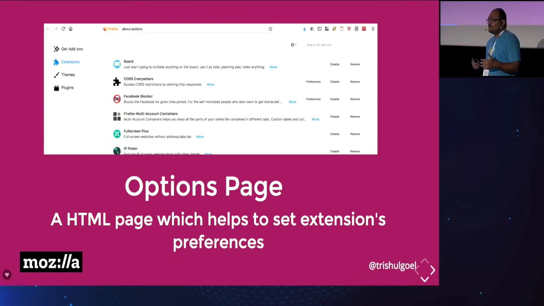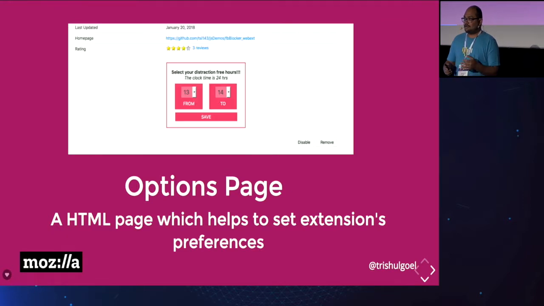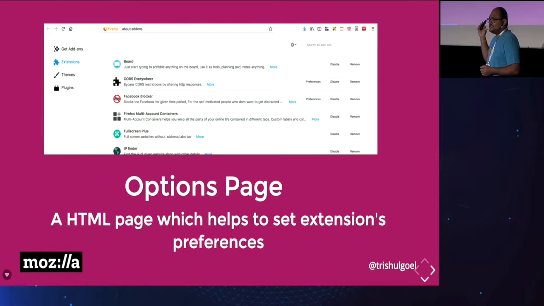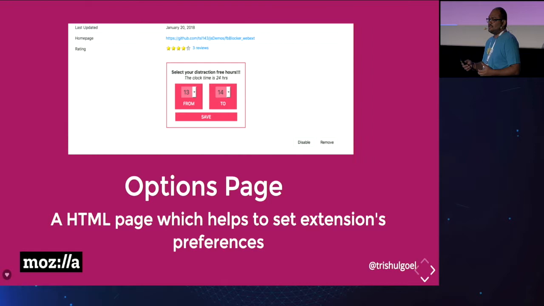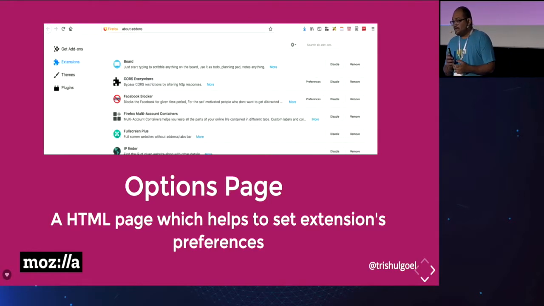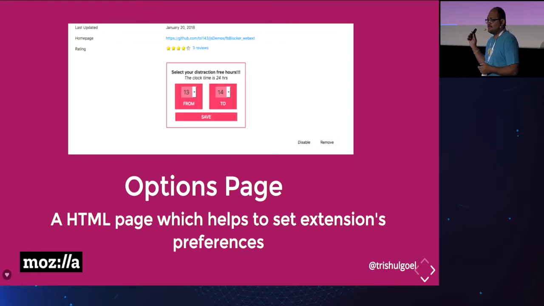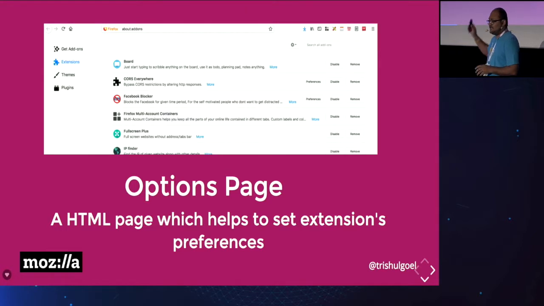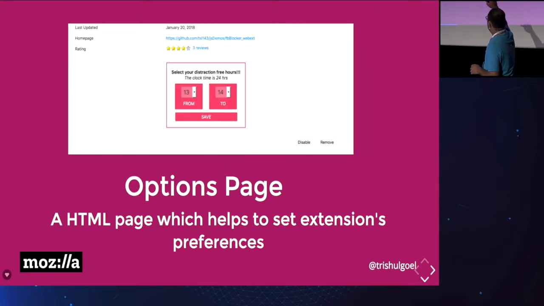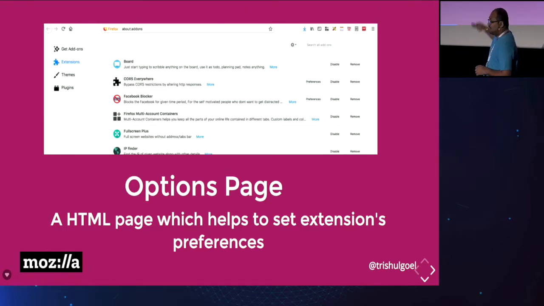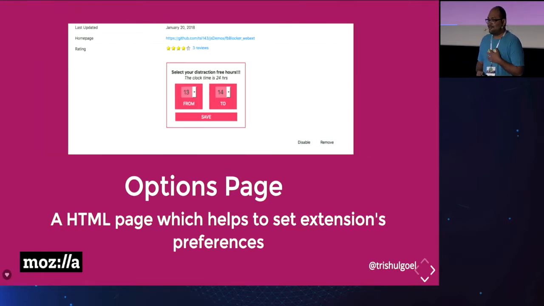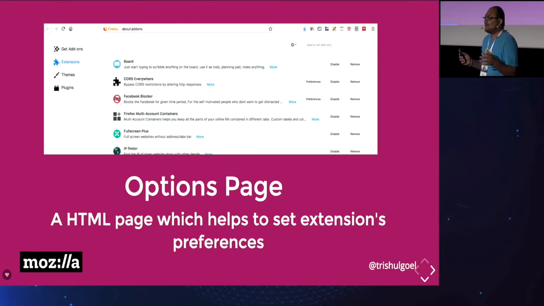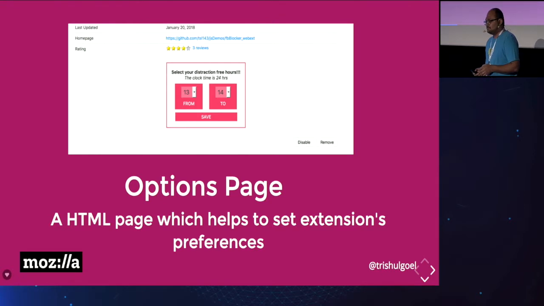If you want to give the same thing to your users as an extension developer, this is the place where you can give the preferences for your add-on. And the best part is, this is pure HTML. You don't have to do anything. It's this pink block. I cannot come up with a better color, I'm very bad at that. That basically is just an HTML block.